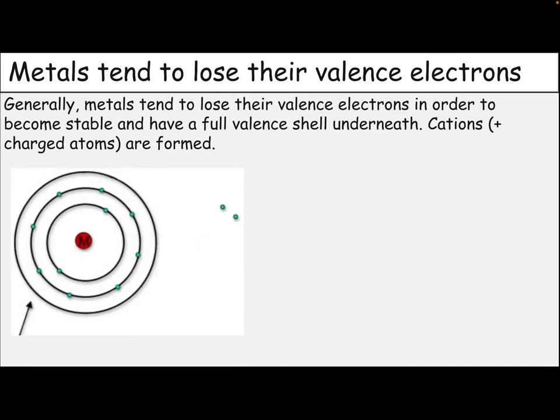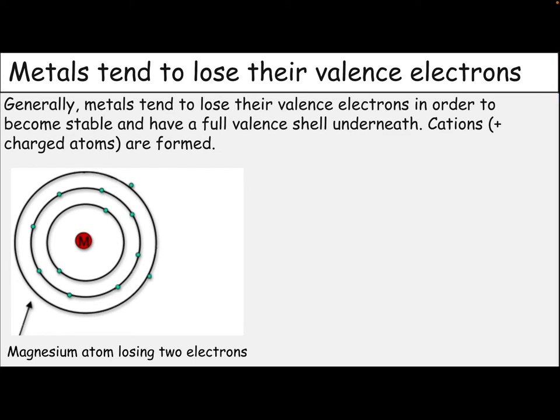So let's take a look at this image right here. We're looking at a magnesium atom. Magnesium is a metal. If you go to the periodic table, you'll see that it's on the left-hand side of that thick line that I talked about. And so, once again, metals tend to lose their valence electrons.